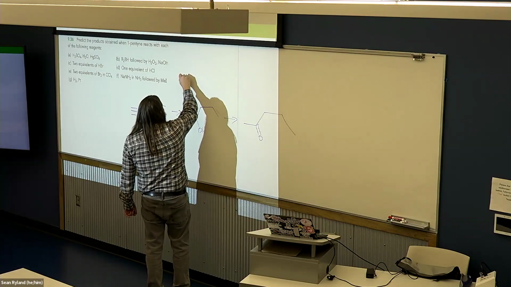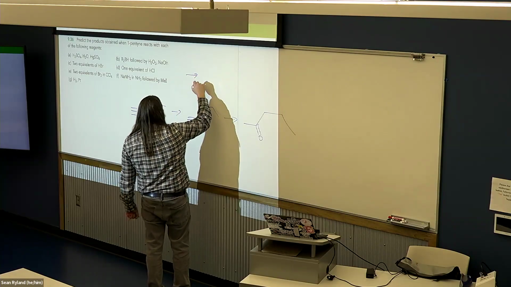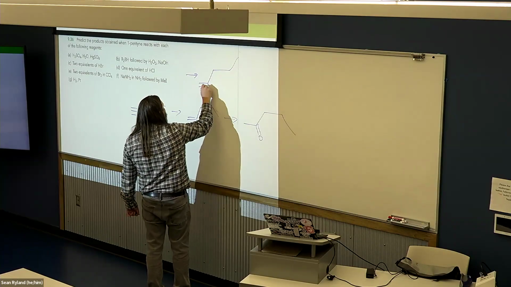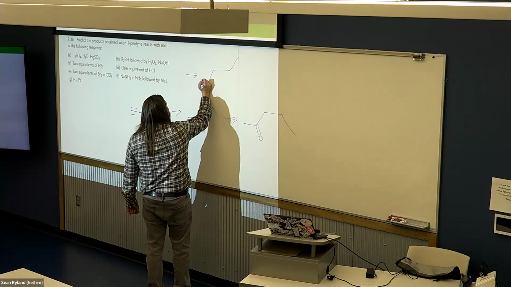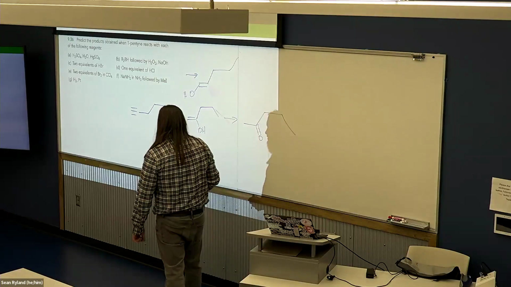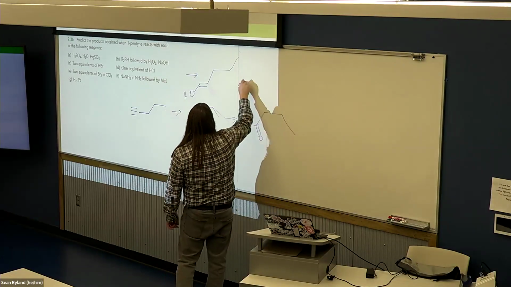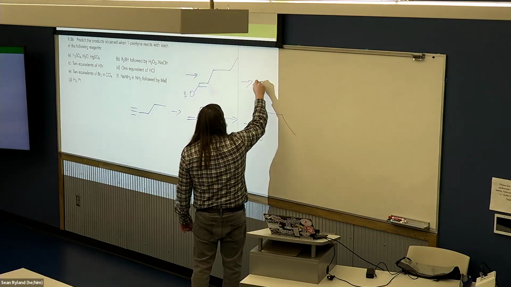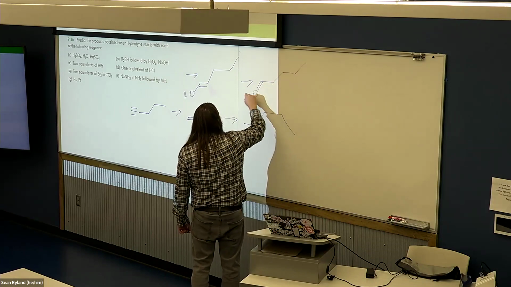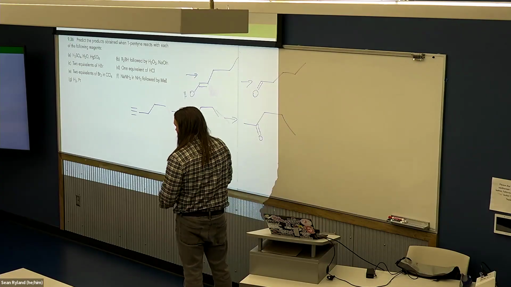So B then turns into, our first intermediate would look like, not there, the other side. So we still get the enol. It just then, when it rearranges, we get the aldehyde.